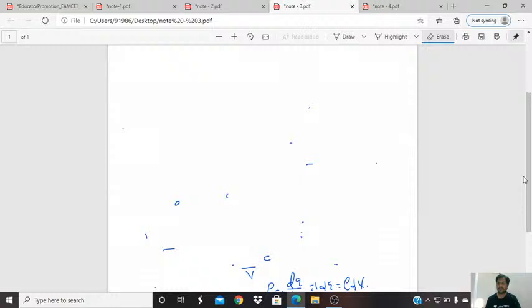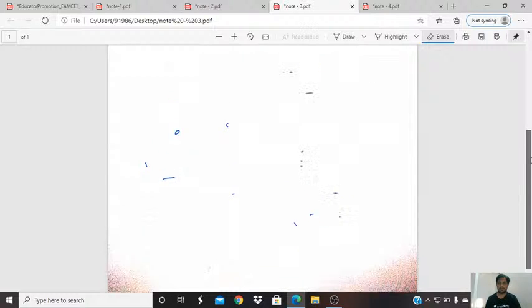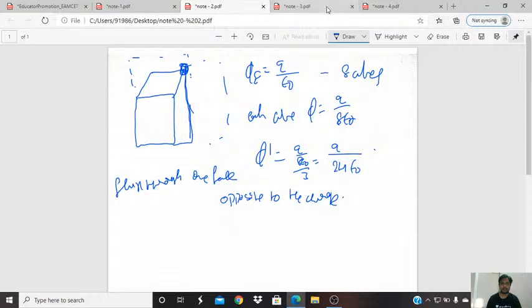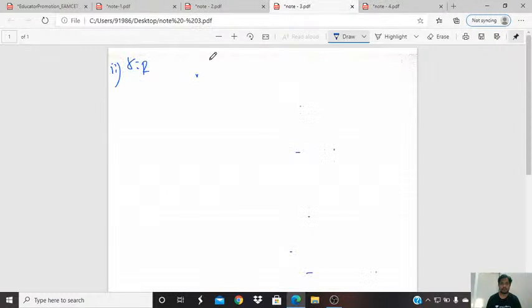Next, you can consider the point small r equal to capital R. This is the sphere now having radius R, so here only we have to consider.